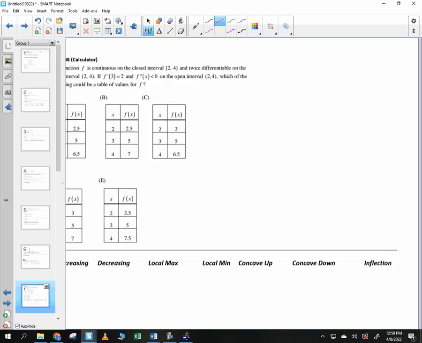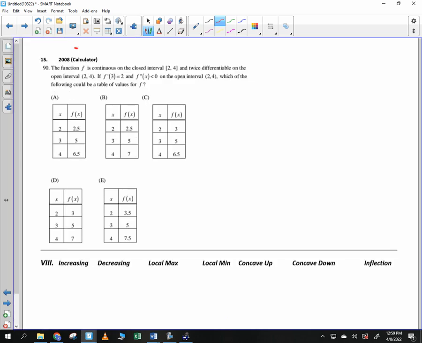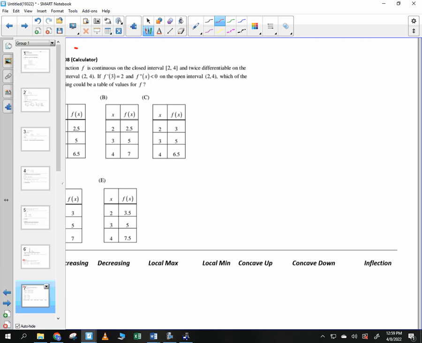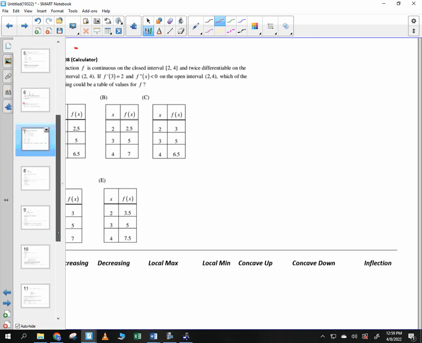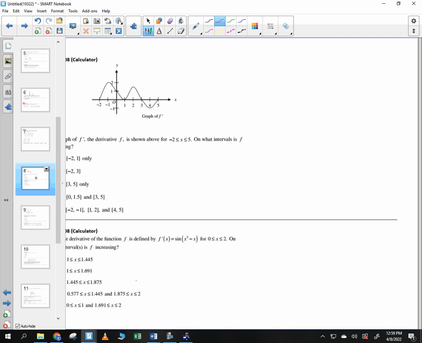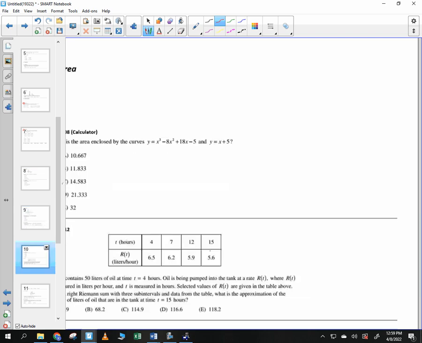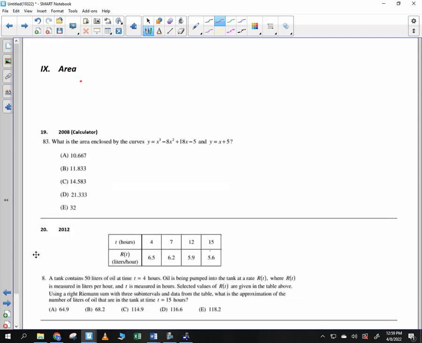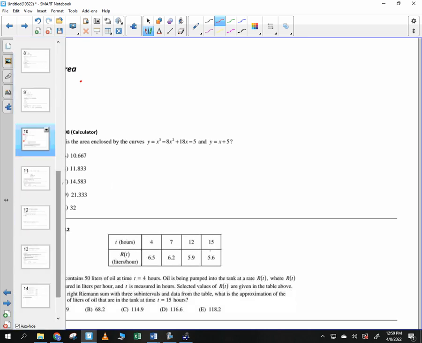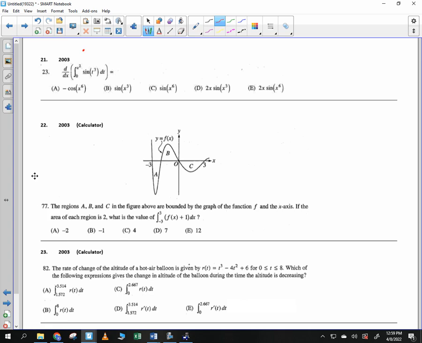And then if you flip it over, you're going to see this is another good kind of problem to try, number 15, if you haven't looked at that. And then where did we leave off? Kind of like right here, the area one. If you could then do 19 and 20 and finish some of those off.